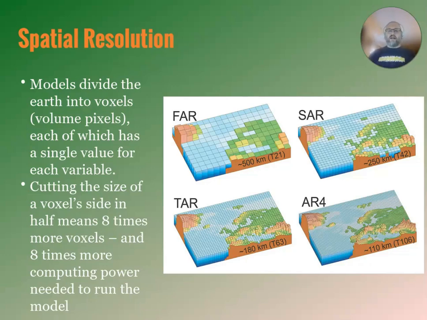And so for each climate variable that we have, right, things like temperature and humidity, wind speed and direction, all these different variables that we're interested in examining, each voxel has one value for that. Just like in a photograph, each pixel has one value for the color of that pixel.